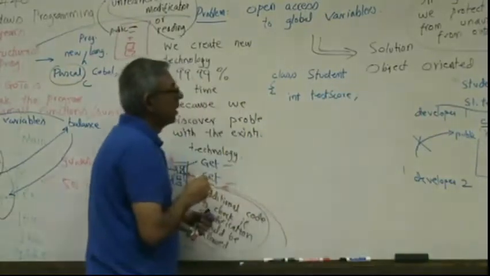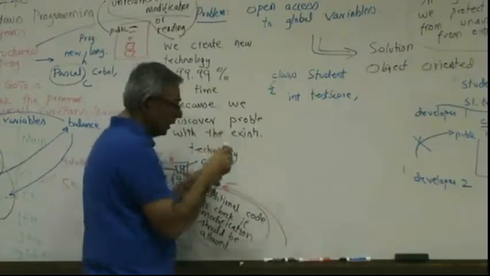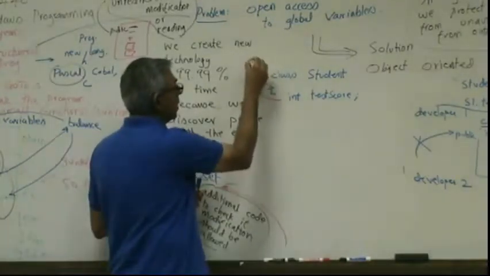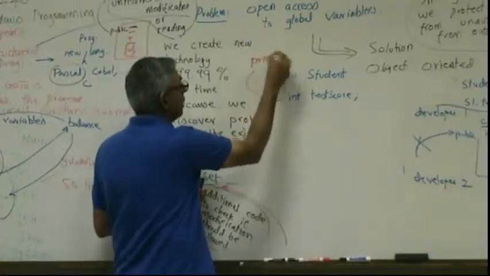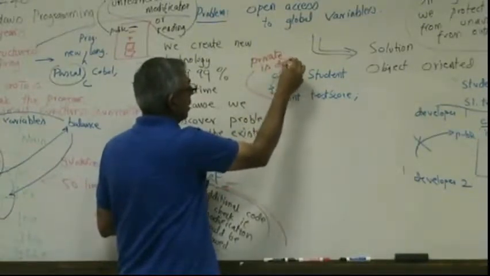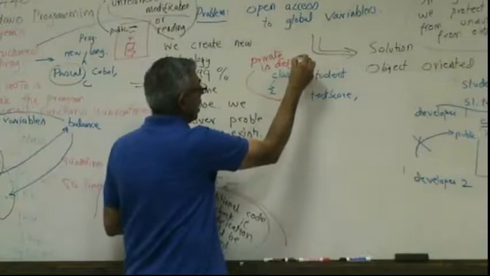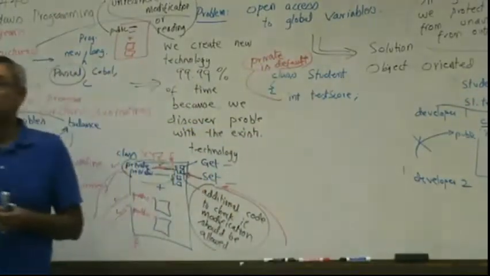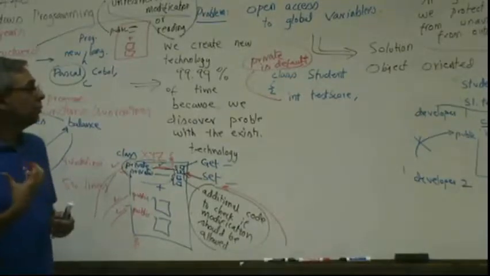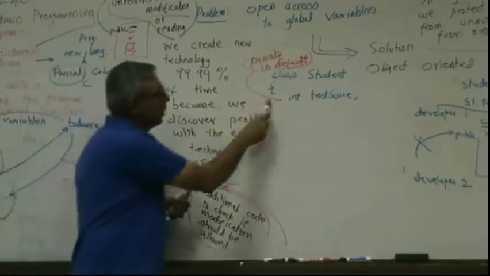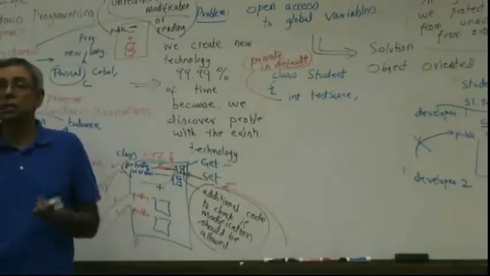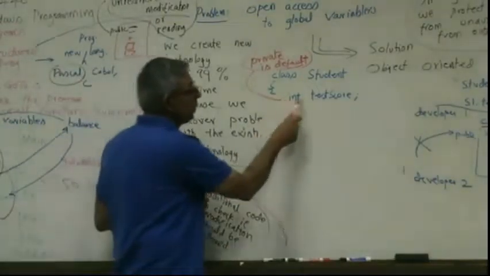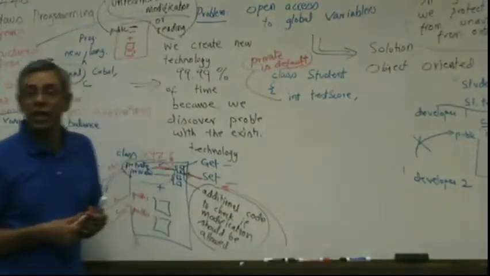Now in C#, if you don't put the keyword, private is the default. In Java, public is the default. So you can add the keyword private, but even if you didn't do it, there will be a default of private. Okay, so you'll declare int test score, right?